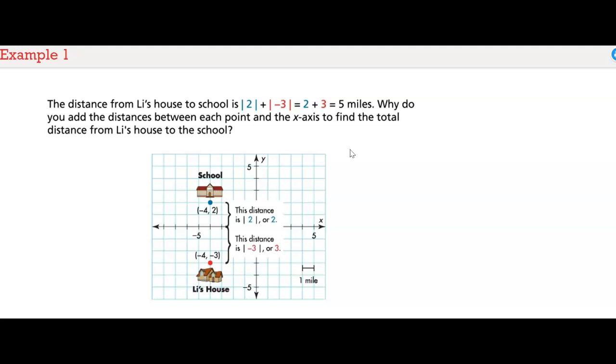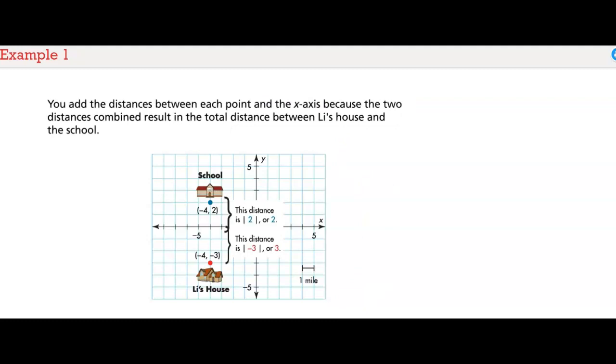Why do you add the distances between each point and the x-axis to find the total distance from Lee's house to the school? You add the distances between each point and the x-axis because the two distances combined result in the total distance between Lee's house and the school.